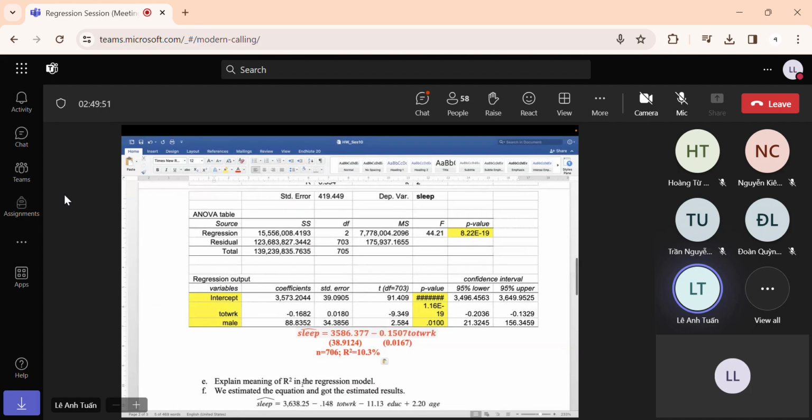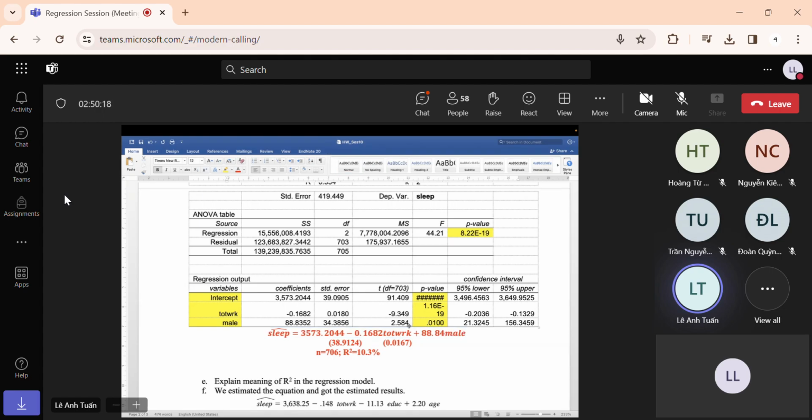Suppose here we have the male here. Because we have the new independent variable, this will lead to the constant also changing: 3.044, and we minus 1.682 for total work, and 8.84 for male.